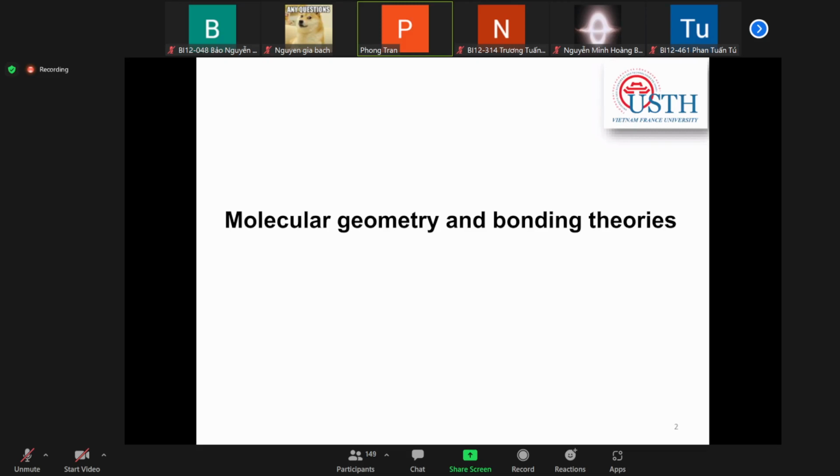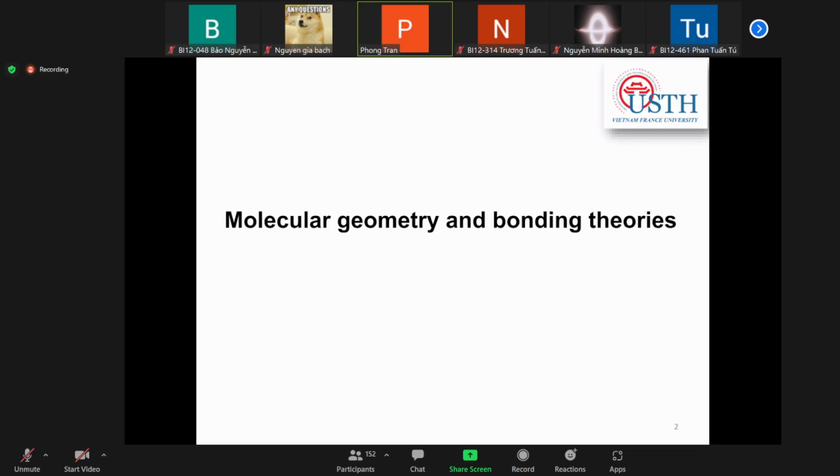And in nature, you understand that molecules do not have just 2D dimension, but they have 3D structure. So how can we convert from the 2D structure on the paper, by Lewis structure, to the 3D structure to approach the reality in nature?